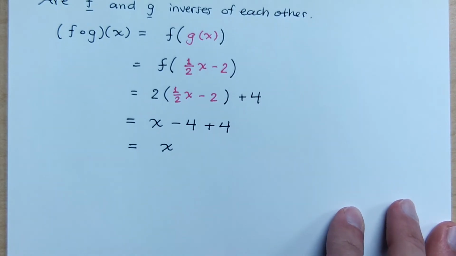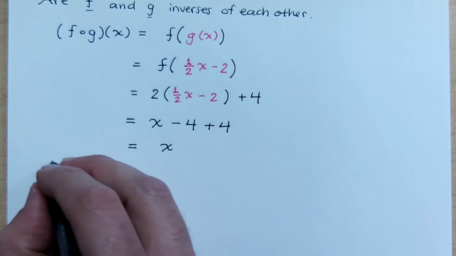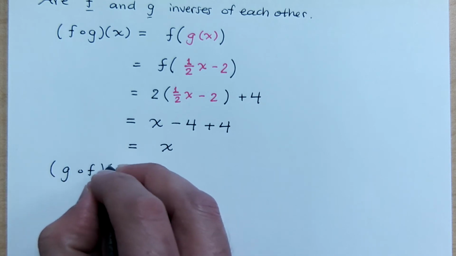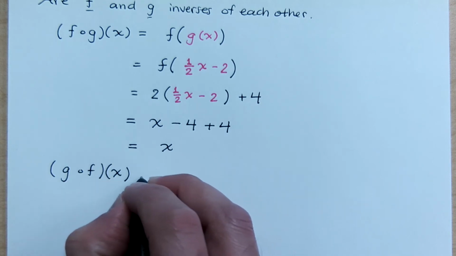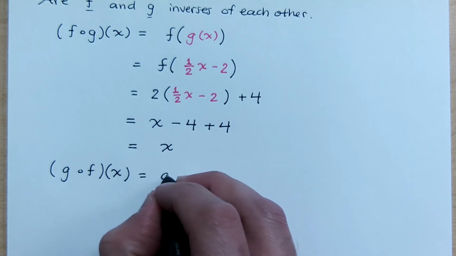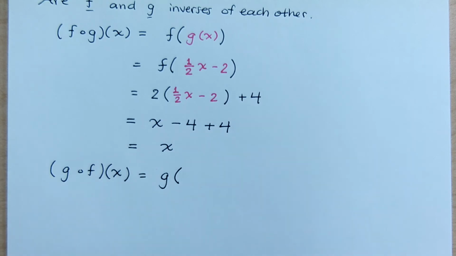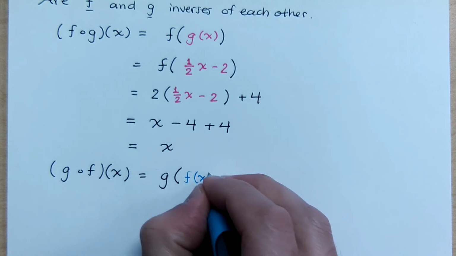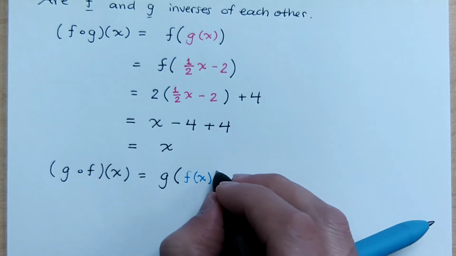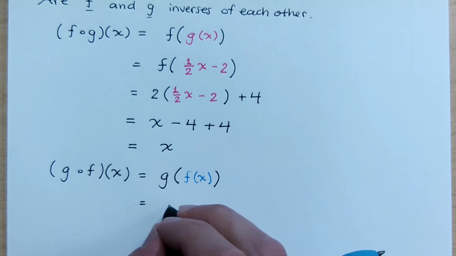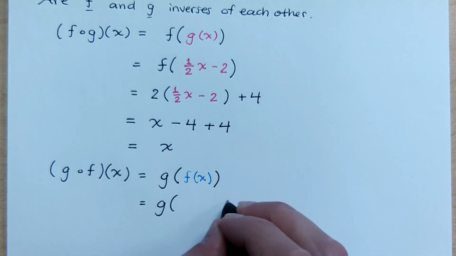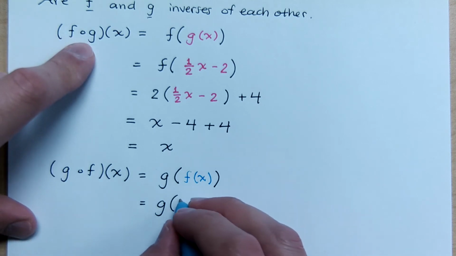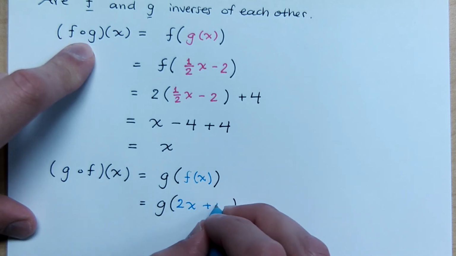Well, now let's go the other way. If I do g of f of x, so that means g of f of x. I want to see what happens whenever I compose g with f of x, and f of x from above is 2x plus 4.